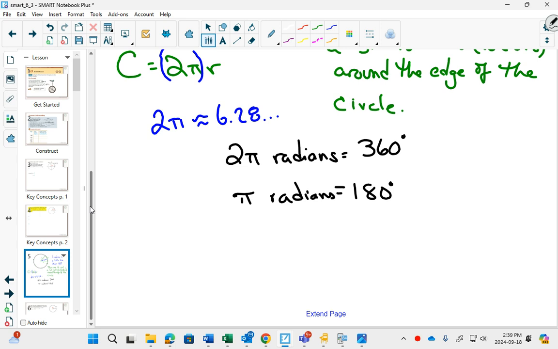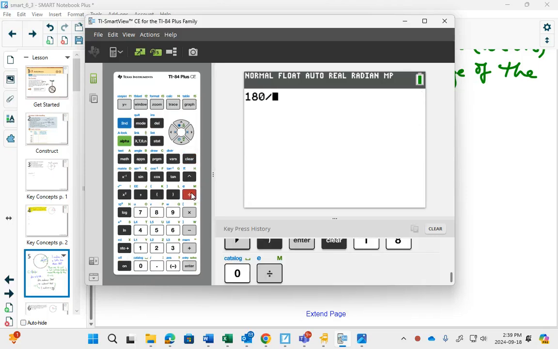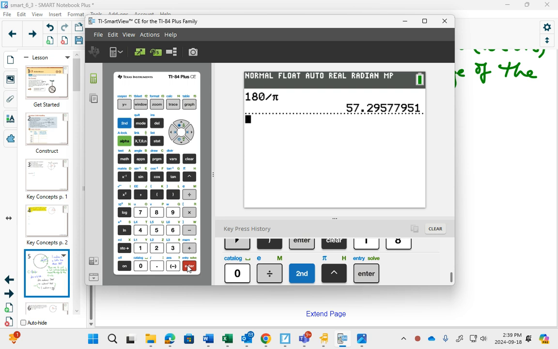Pi radians would be 180 degrees. And if I wanted to find out what 1 radian is, can you see that going from here to here, you'd have to divide by pi? So I do the same thing on this side: 180 divided by pi. And if I go to my calculator and check that, 57.296.